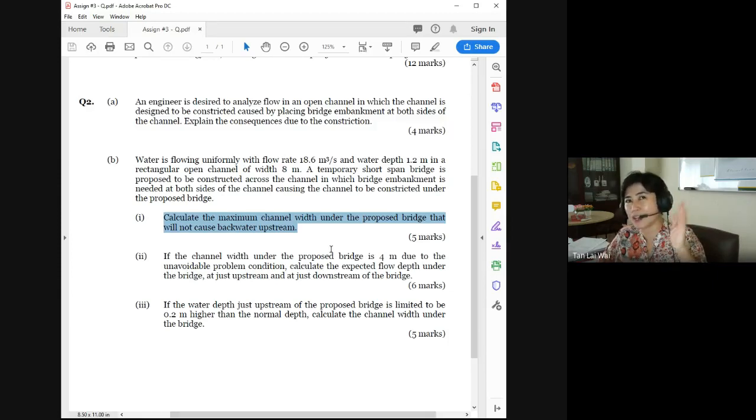We know that for case 1 and case 2, Y1 will be equal to Y0. That means it will not increase. So the question asks us basically to find Bmax. Let's take a look at how we are going to find Bmax here.